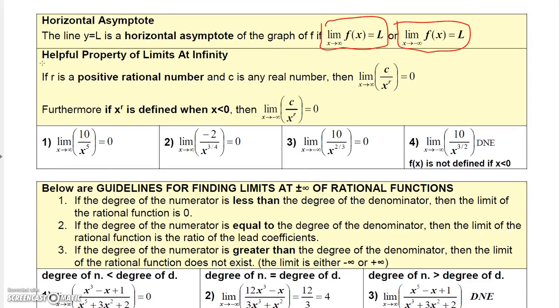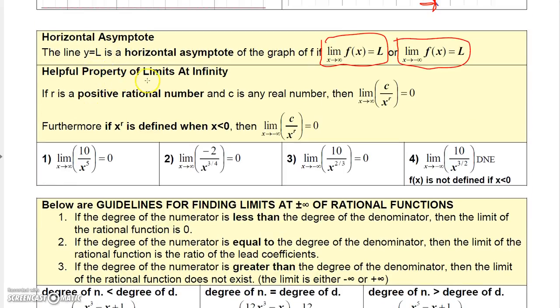Okay, so one thing to think about is that if you have a constant over x to a power, then the limit of that as x goes to infinity will always be 0. It says r is a positive rational number, so r has to be a positive rational number.